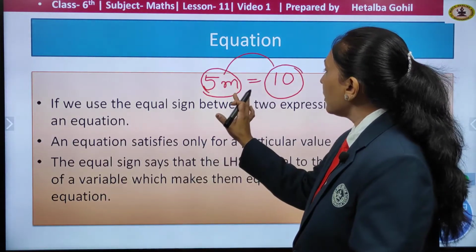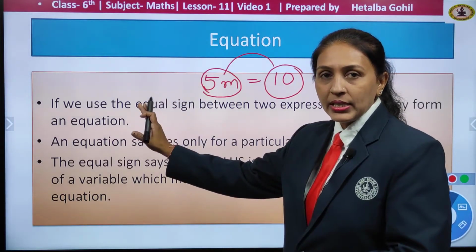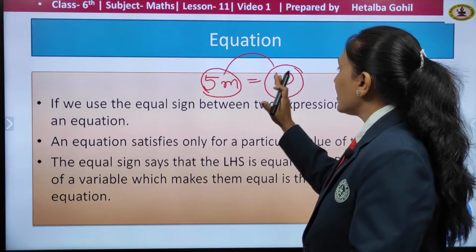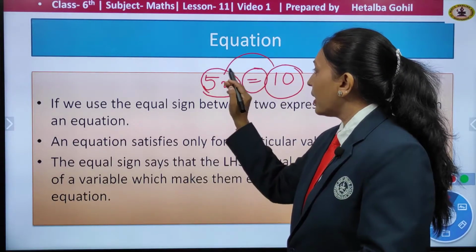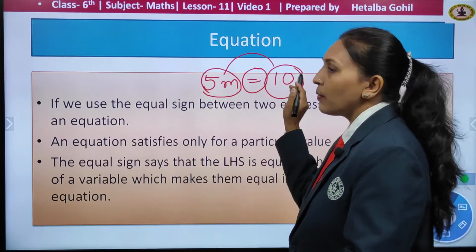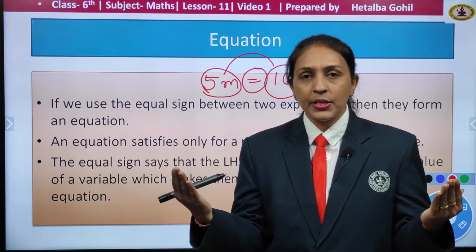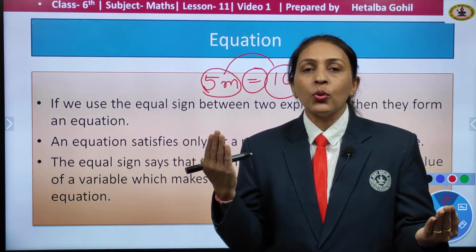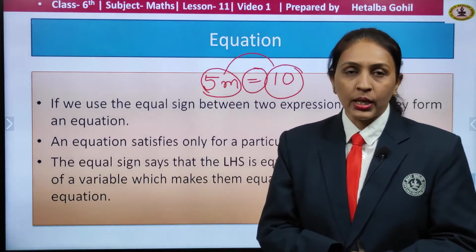In an equation, children, we have two sides: LHS, that is left hand side, and RHS, that is right hand side, and the equal to sign tells us that the LHS is equal to the RHS. That means the values of both expressions are equal to one another. You cannot have an equation without an equal to sign.